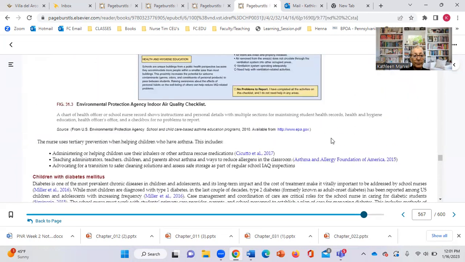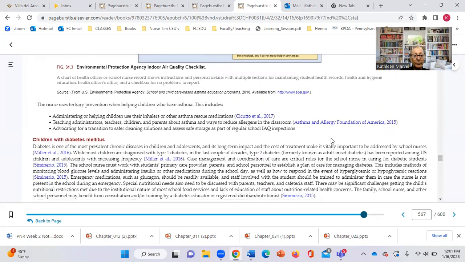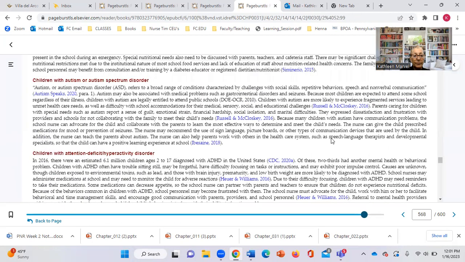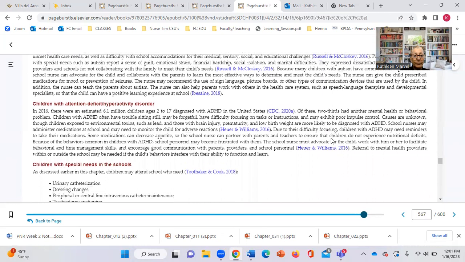The kinds of children you might be caring for in a tertiary setting would be kids with diabetes, kids on the autism spectrum, ADHD.